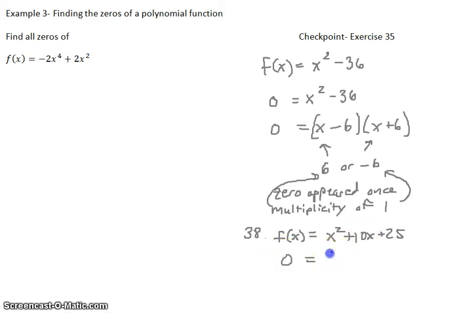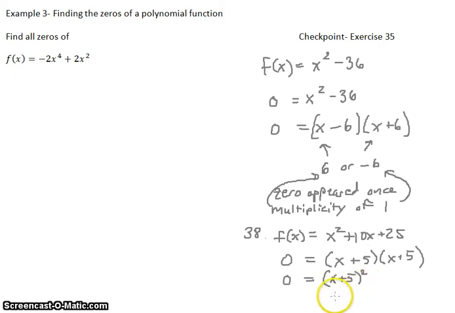The two numbers are 5 and 5. So I can write it as x plus 5 times x plus 5, but I don't have to. There's only one answer, and it's x plus 5 squared.